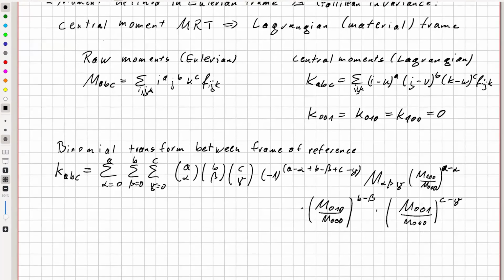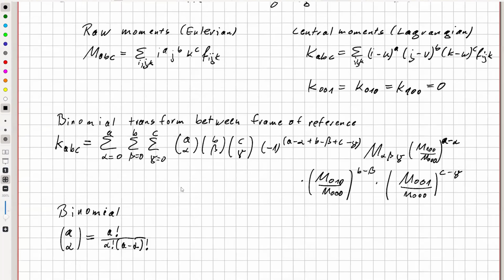I always have to remind myself about the definition of the binomial, also how it's written. So A over alpha is defined as A factorial divided by alpha factorial times (A minus alpha) factorial. So this is this permutation here.